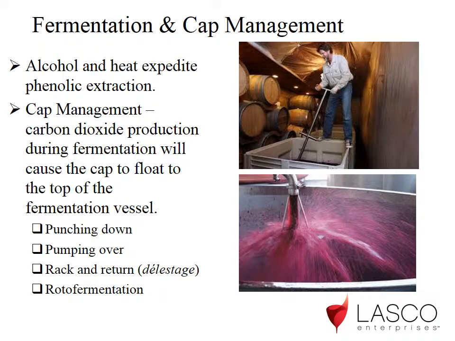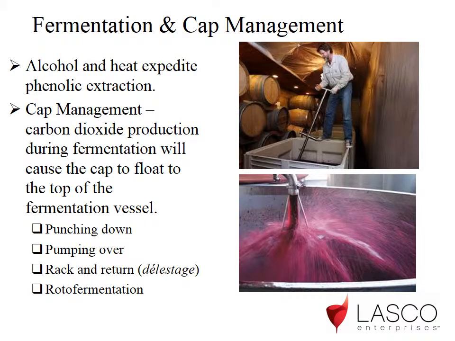There are several different methods for managing the cap: punching down, pumping over, rack and return, and rotofermentation. In punching down, the winemaker physically pushes the cap back into the juice. This can be done several times a day. In pumping over, the juice from the bottom of the tank is pumped out and sprayed over the top of the cap.